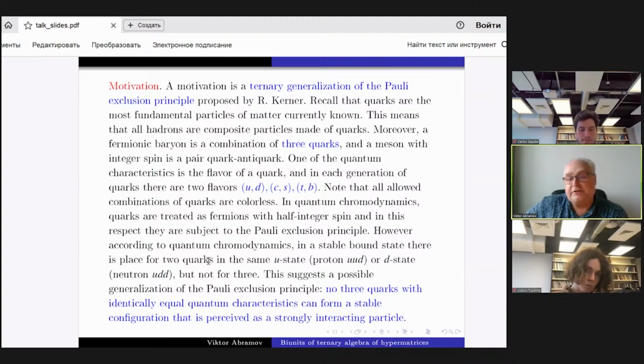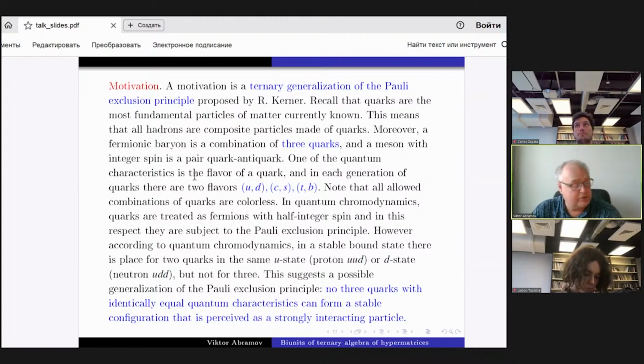So his reasoning comes from the model of quarks. We know that quarks are the most fundamental particles of matter currently known, and all hadrons are composite particles made of quarks. And Richard mentioned in his talk that a fermionic baryon is a combination of 3 quarks, and a meson with integer spin is a quark-antiquark pair.